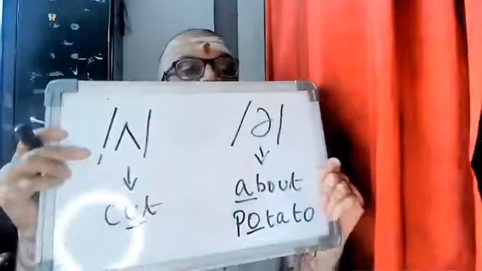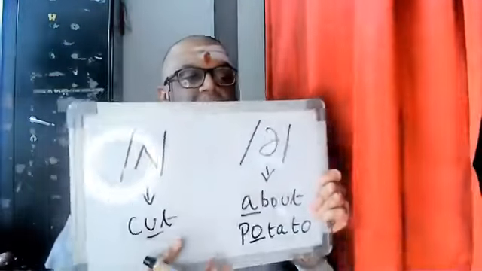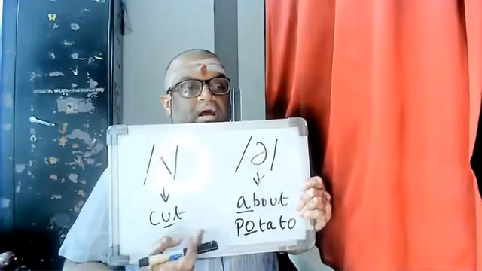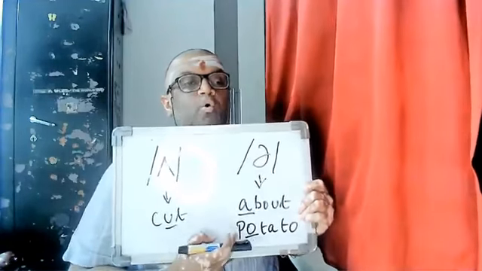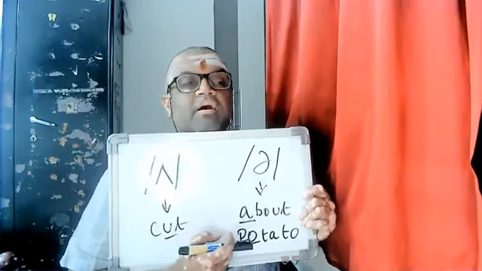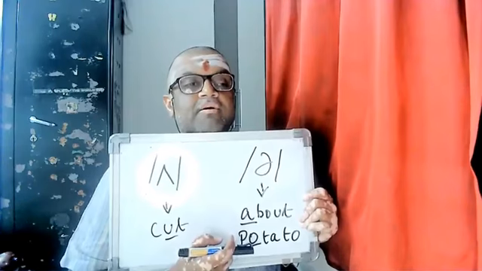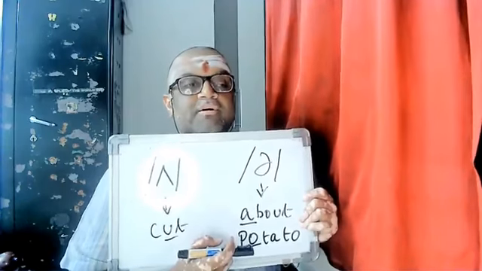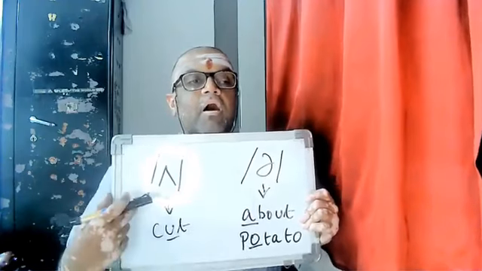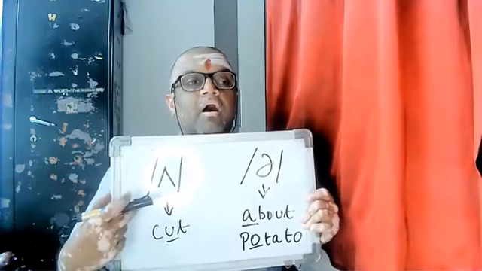Okay, students, the underlined vowel letter O in potato is this sound: about, potato. But here, cut.